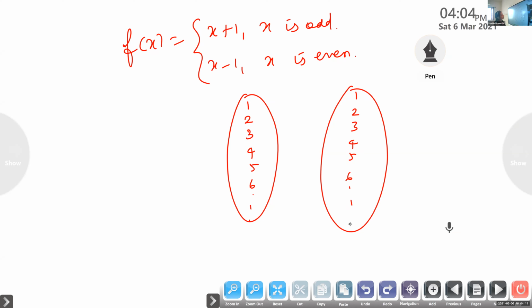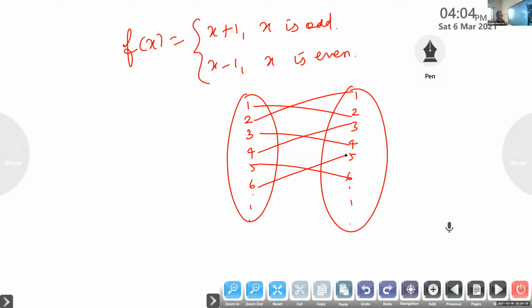Yes, Atul, tell me. 1 will be mapped onto 2. 2 will be mapped onto 1. If you take 3, it will be mapped onto 4. 4 will be mapped onto 3. 5 will be mapped onto 6. So like this it goes.